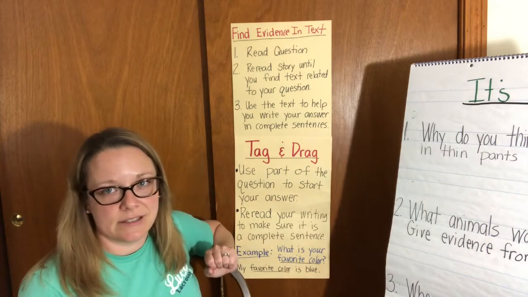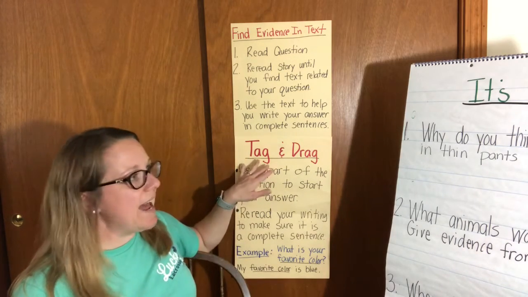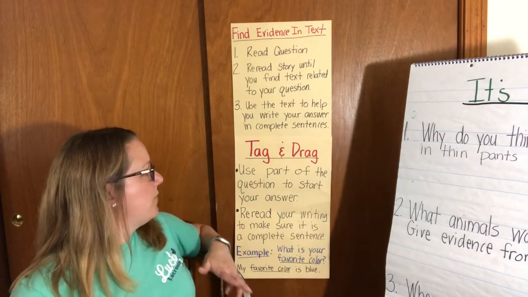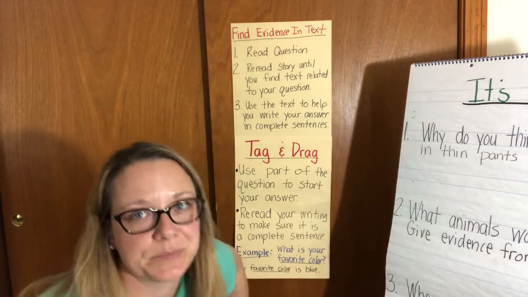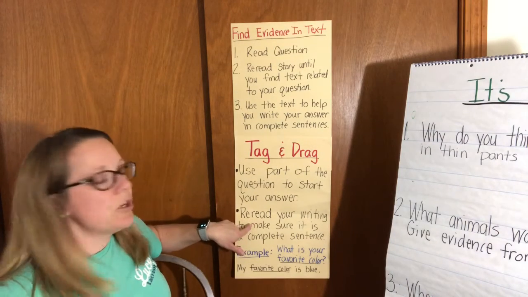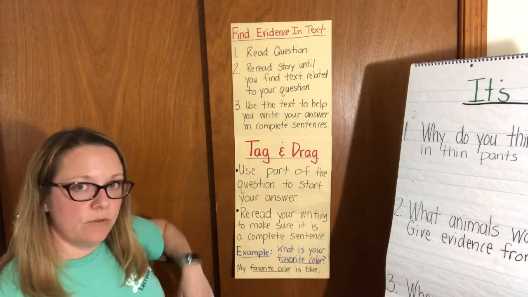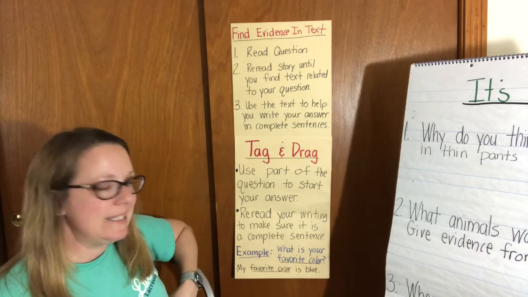in complete sentences. When we tag and drag, your teacher often tells you to use part of the question to start your answer. You should always reread your writing after you have written your answer to make sure it's a complete sentence.